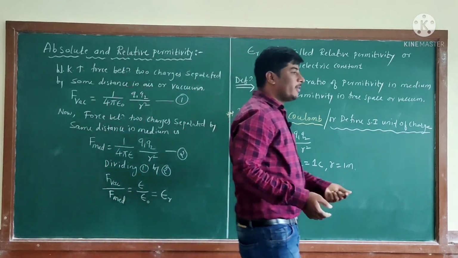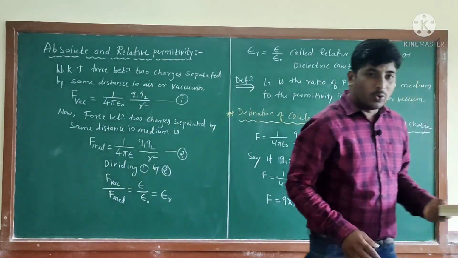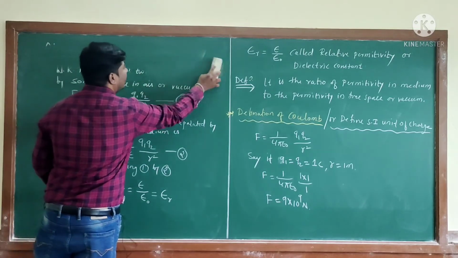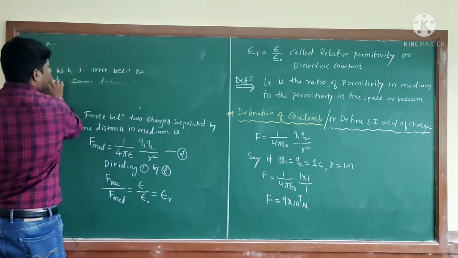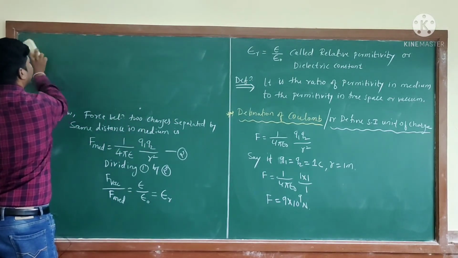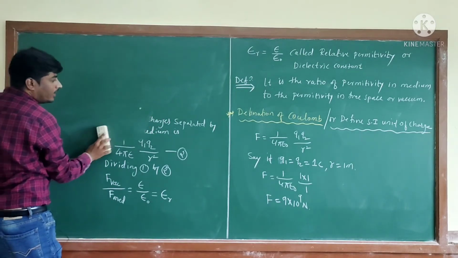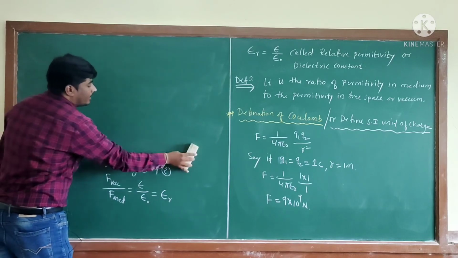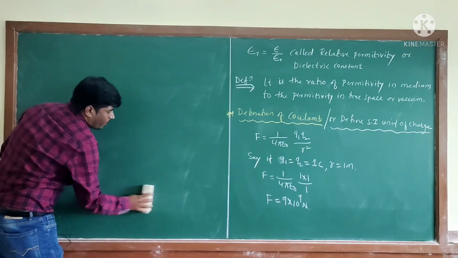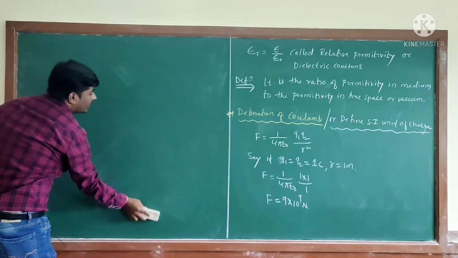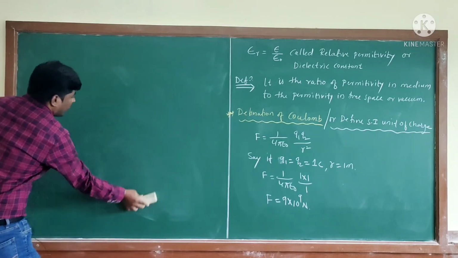Using this we can define the Coulomb now. So 1 Coulomb is that a charge which repels equal and similar charge placed 1 meter apart in air or vacuum with a force of 9 into 10 to the power 9 Newton.